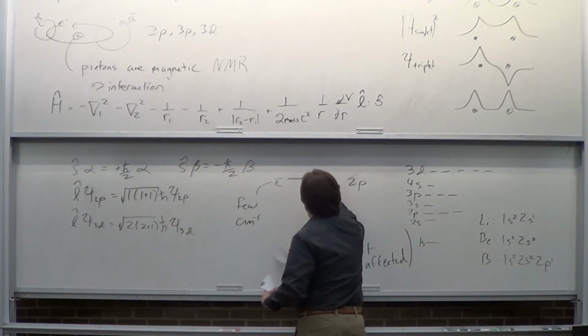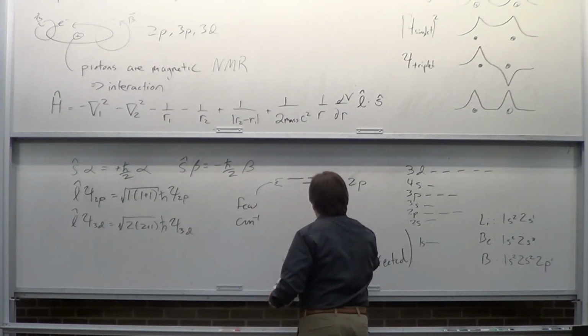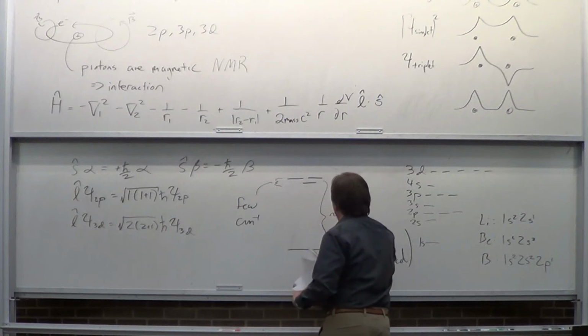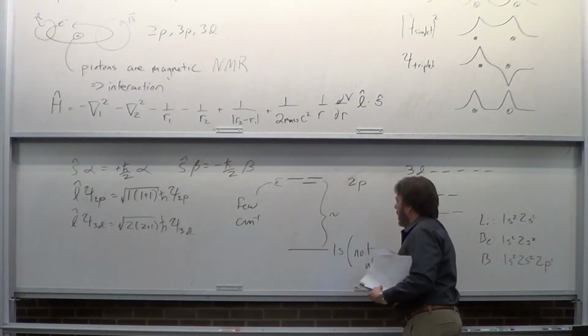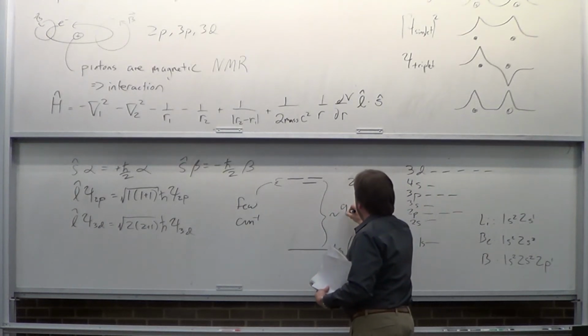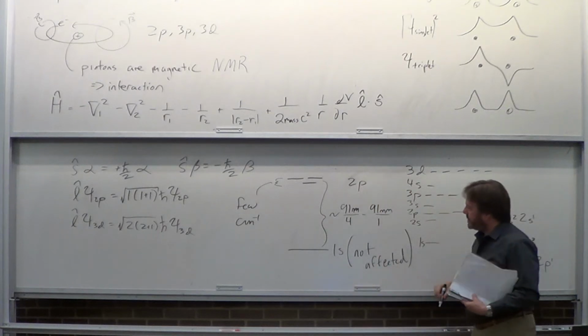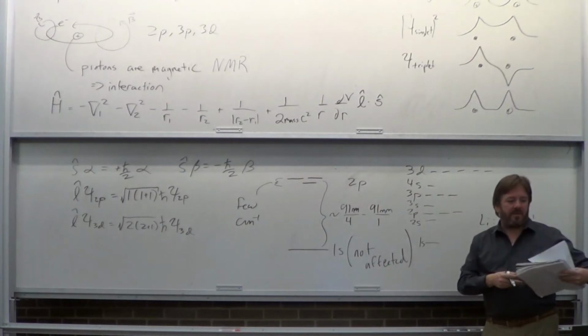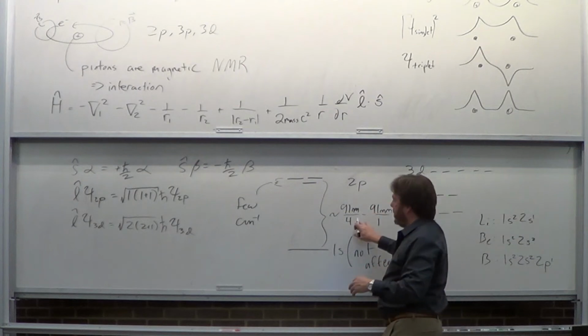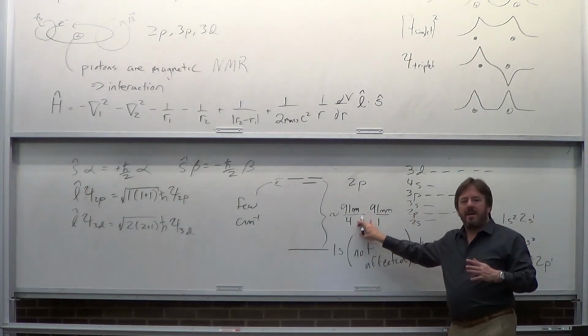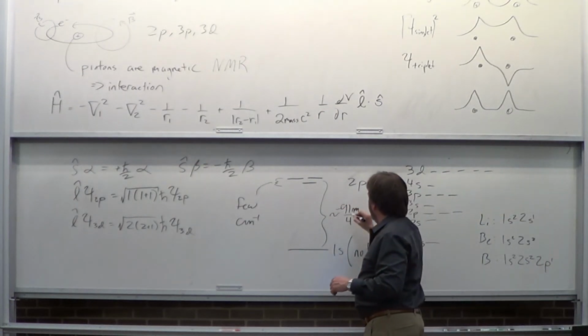Now, you know this splitting is on the order of, right, it's 91 nanometers over n squared over 4 minus 91 nanometers over 1 squared, right? So that's that energy difference, right? So this is 2p. You know what I'm doing, right? This is a minus, right?